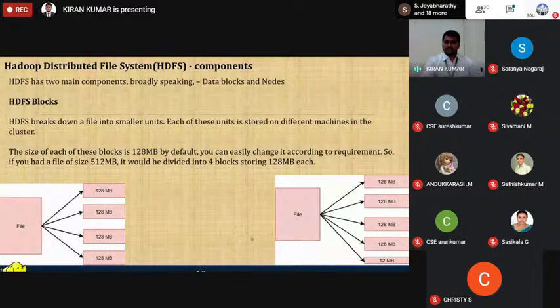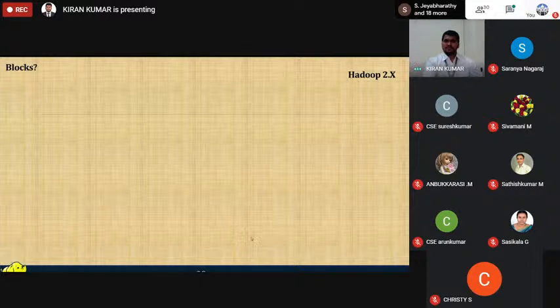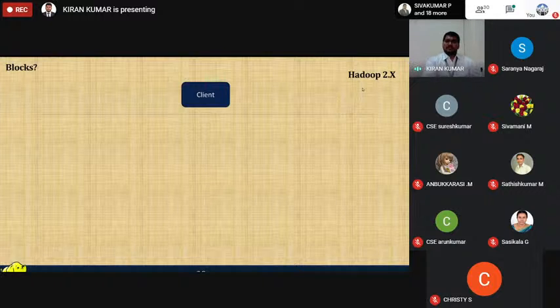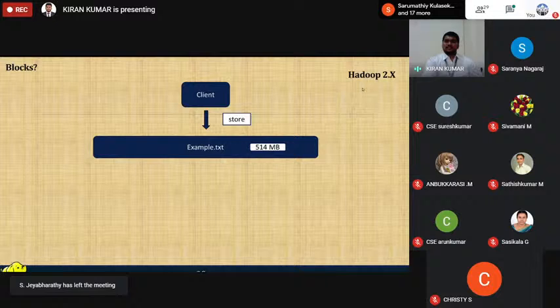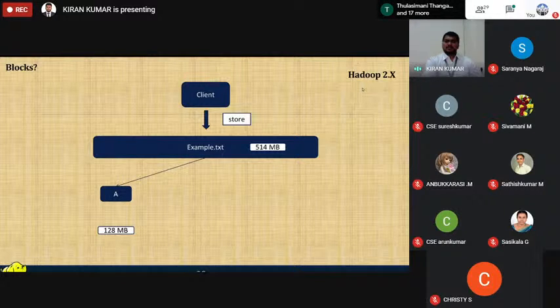So let me try to explain with one more example here. As I told, it is the Hadoop 2.x version and I'm the client. I would like to store a file called example.txt, which is 514 MB. Whenever the client wants to store this information, Hadoop breaks down the file into smaller chunks.